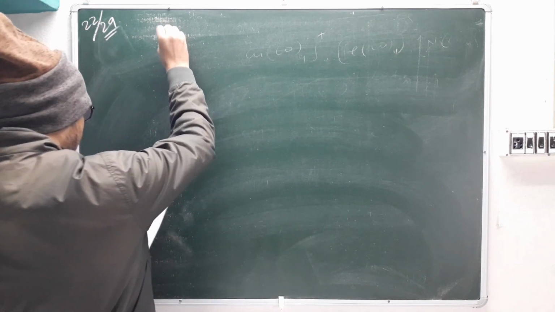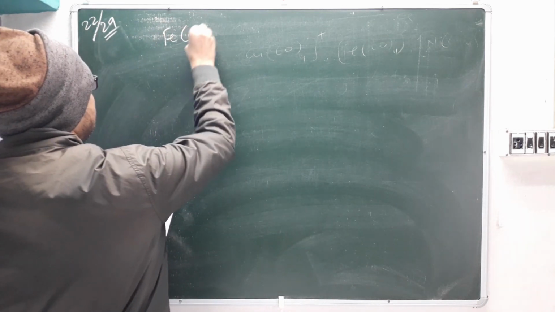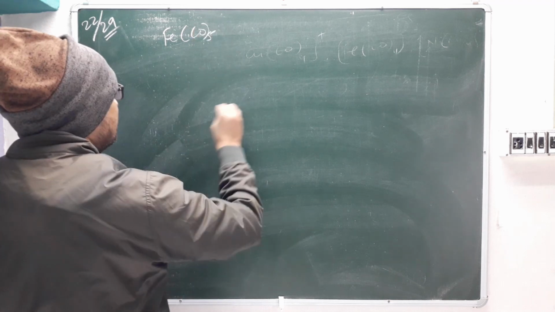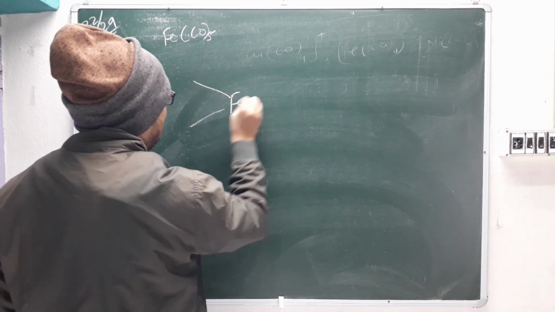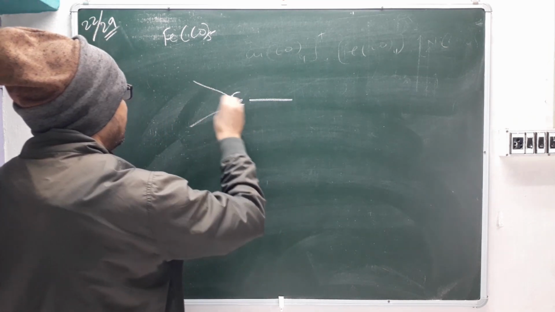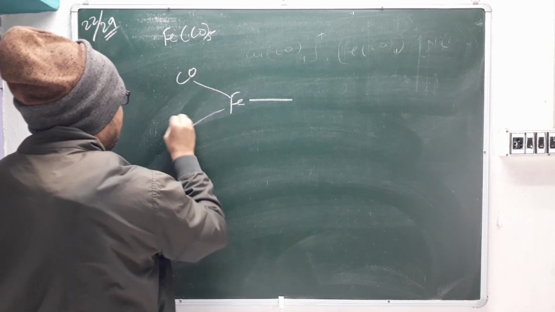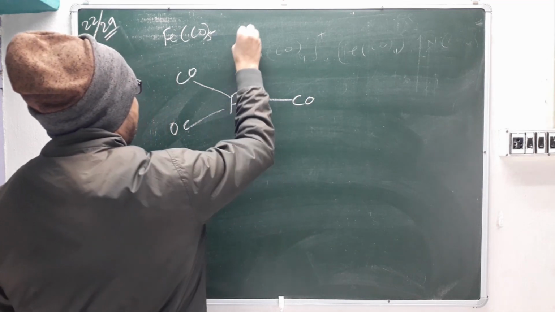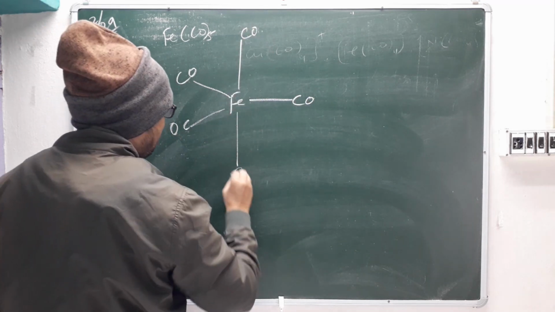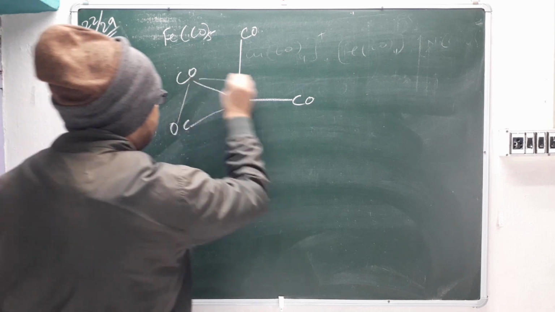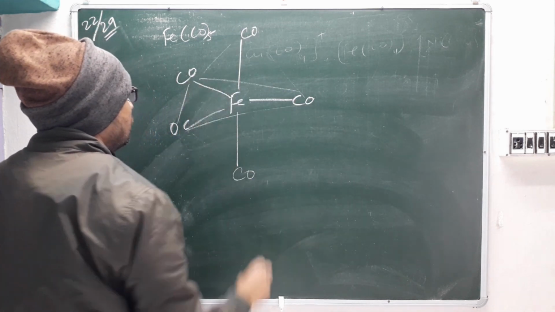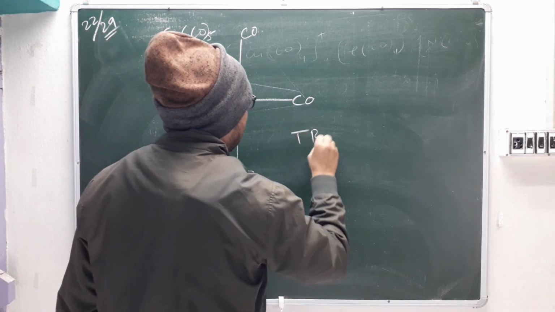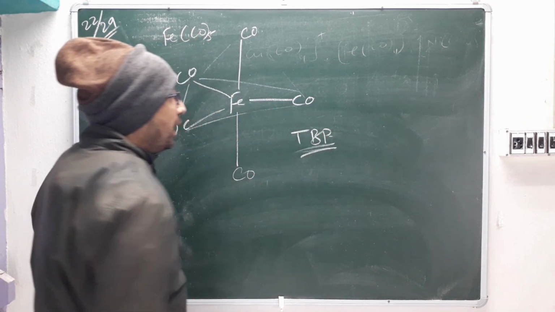So they have given the complex Fe(CO)5, right? So just try to draw it. This is iron. This will be trigonal planar, and then one carbonyl will be on the axial side, another one on the downside. So this is the trigonal bipyramidal, TBP.